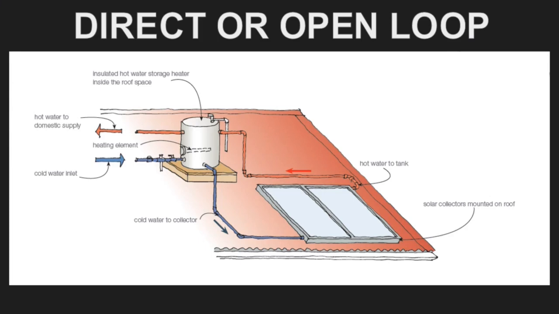What happens in this system is that the water heated by the solar collectors mounted on the rooftop is directly fed into the water storage system and is directly used for the purpose. So the water which is heated is the same water which is used.